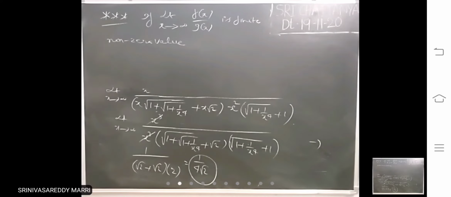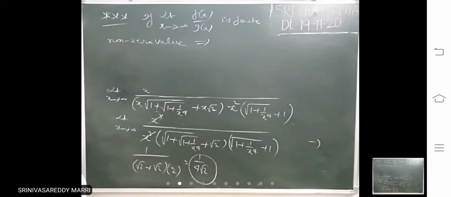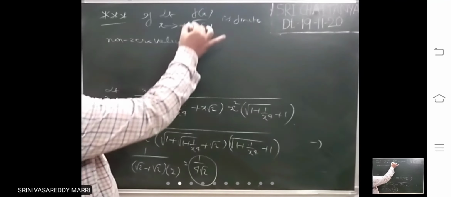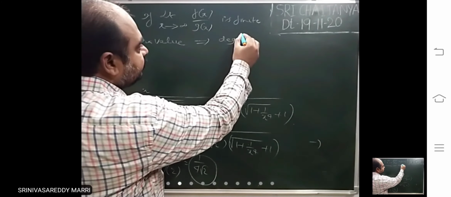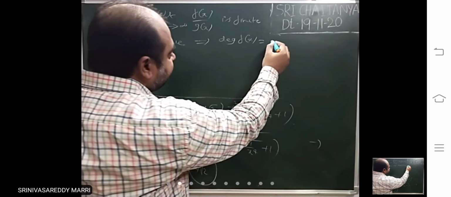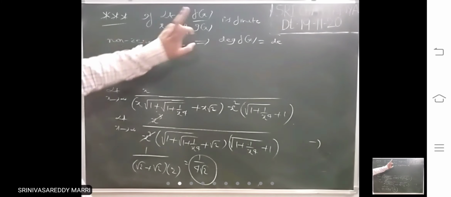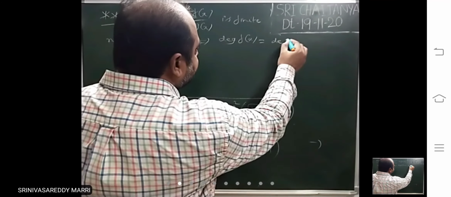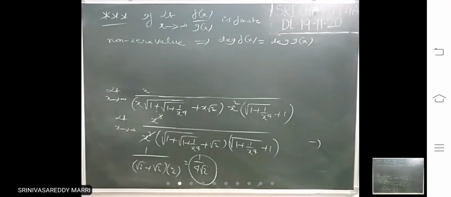Such type of problems, how to proceed: when you get a finite non-zero value, definitely the degree of this must be equal to the degree of this. You will get a finite value only if the degree of f of x is equal to the degree of g of x.